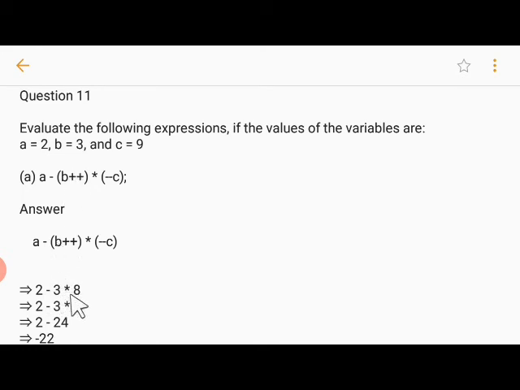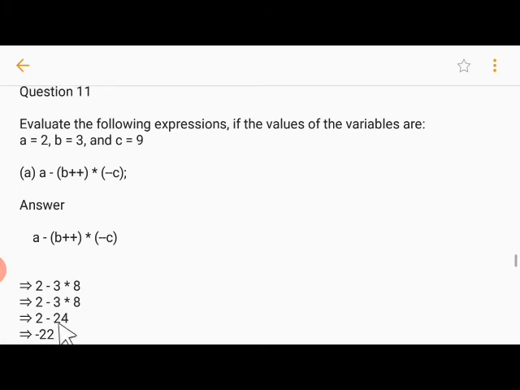So it is 3 * 8, because --c is there, it is pre-decrement. Right now c is 9, so 9 minus 1 will be 8. So 2 - 3 * 8. First the multiplication will take place. 8 into 3, 24. 2 minus 24 equals minus 22.